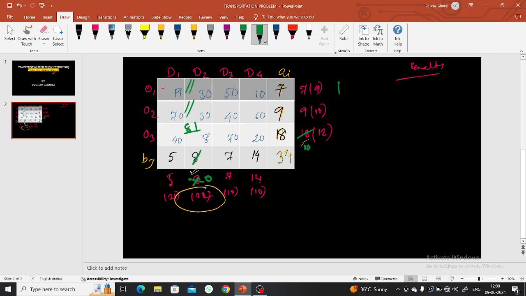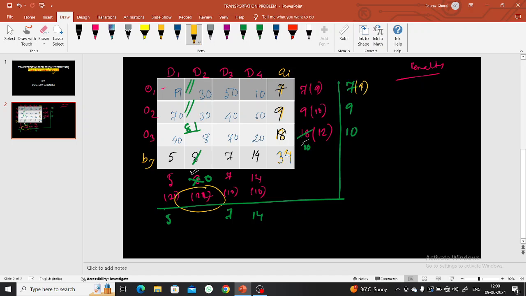Now we will again write all those rows and columns which are not yet exhausted: 7, 9, 10, 14, 7. Now find the minimum. 10 and 19, the penalty will remain the same. 40 and 60, it will now be 20.